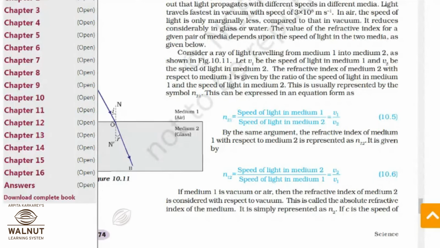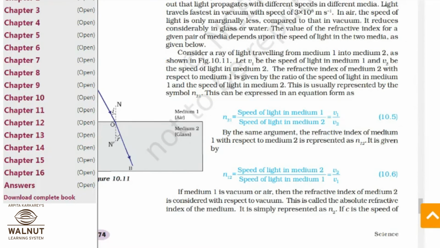Because this is with respect to medium 2 to medium 1. Got it, everyone? So whenever you write N21, you will write it as speed of light in medium 1 divided by speed of light in medium 2. So that is why the refractive index is given here as N21. So this will be the refractive index.